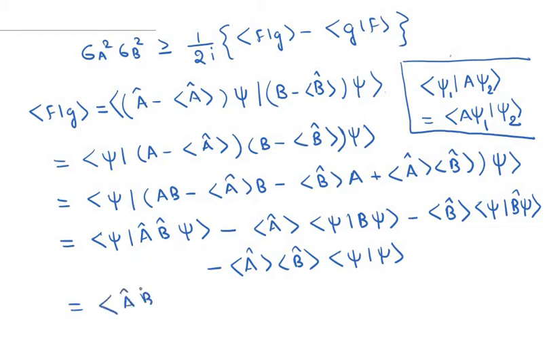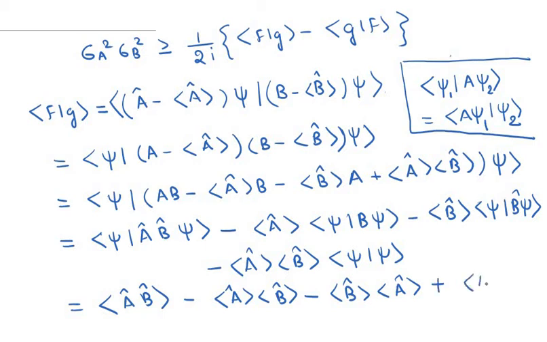So this basically becomes the average value of the operator AB minus the average value of A multiplied by the average value of B. So this is the average value of the operator B over here minus the average value of the operator B multiplied by the average value of the operator A, plus again the average value of A multiplying the average value of this operator B. So this total thing basically becomes the average value of this operator AB minus the average value of A times the average value of the operator B.